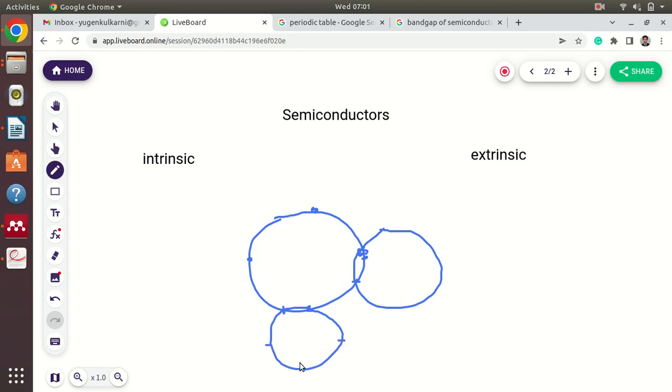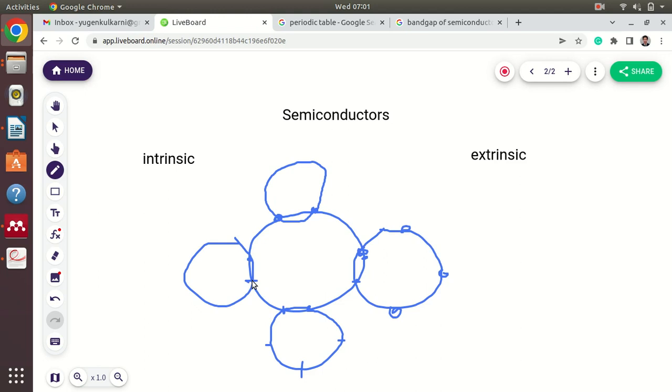Each atom will have four electrons in its outermost orbit. Don't mind my drawing. Here there will also be one more electron, here also one electron. So this type of bond is called a covalent bond.